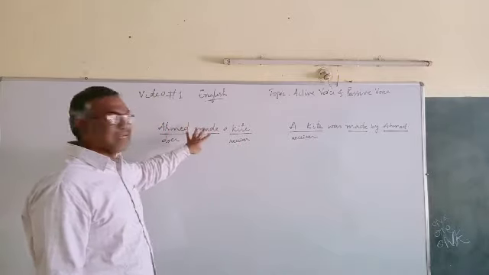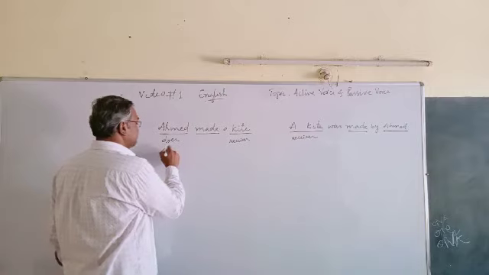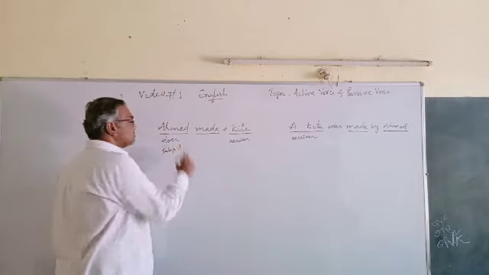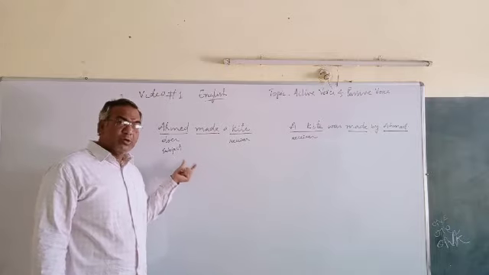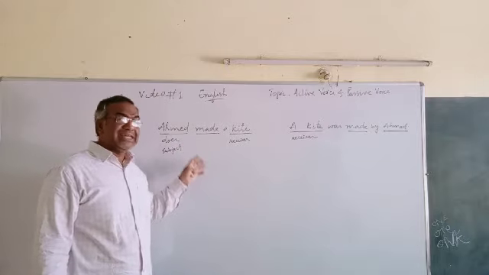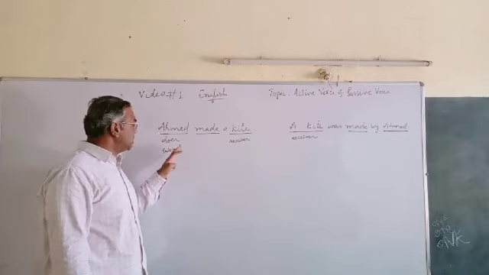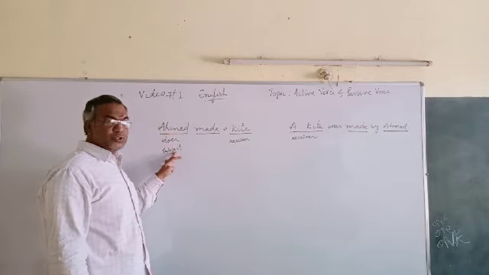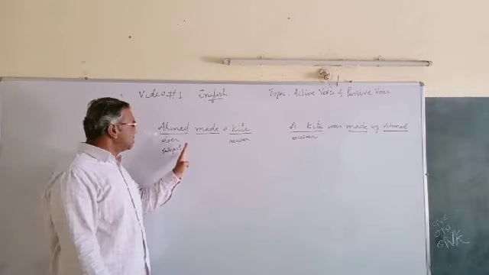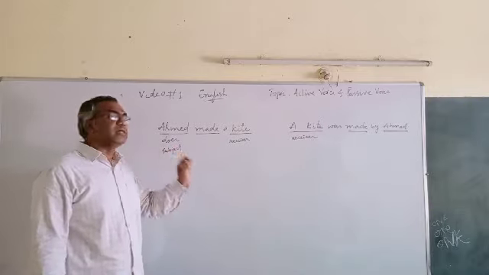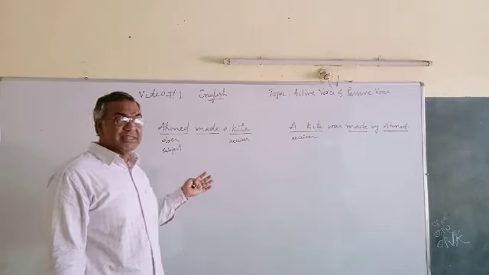But here, in this sentence, Ahmad, the doer, is the subject. Subject means about whom or about what we are talking in a sentence. Here, Ahmad is the doer of the action and Ahmad is the subject. The subject often comes at the beginning of the sentence, but it is not necessary.